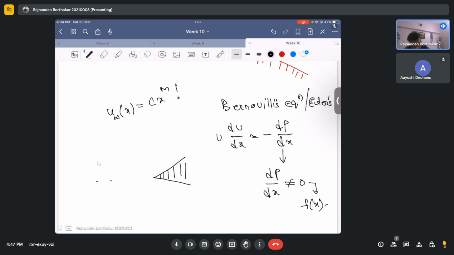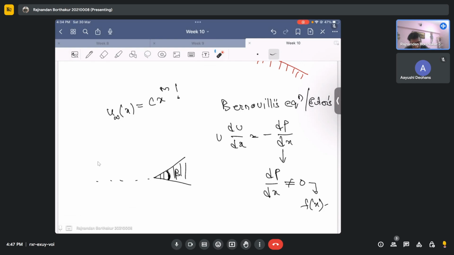Let's say here, as you can see, you are defining this wedge angle by some beta. Which means in this case there will be a flow.